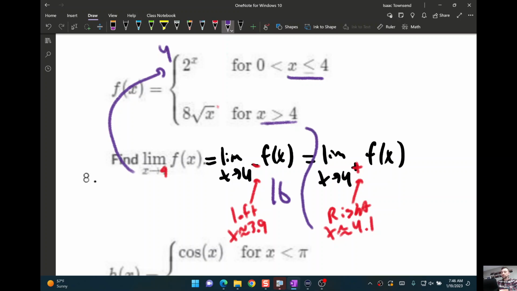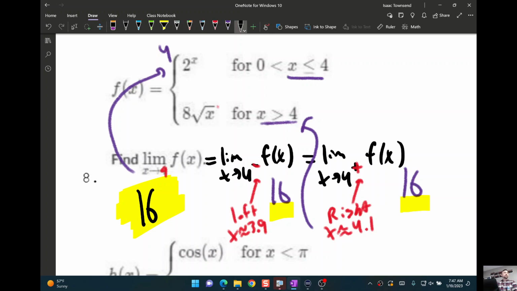So on this one, we should be plugging it into the bottom. And 8 times the square root of 4 would be like 8 times 2, which is 16. And if the limit from the left is 16 and the limit from the right is 16, then the total limit, the limit from both sides, is also 16. 16 is the answer to that question.